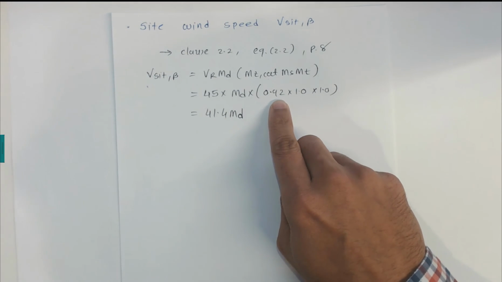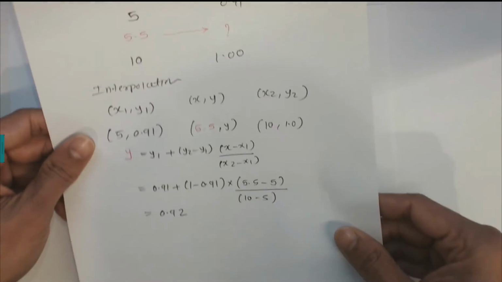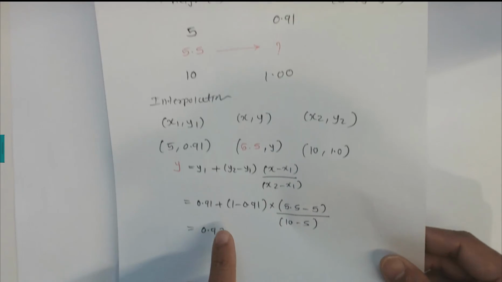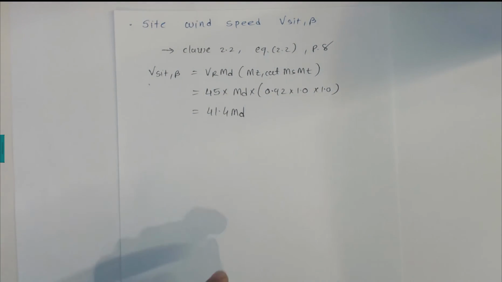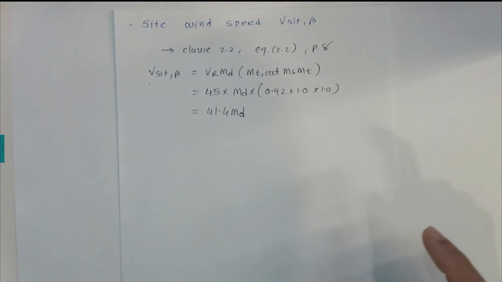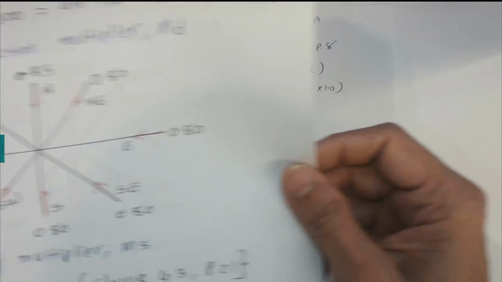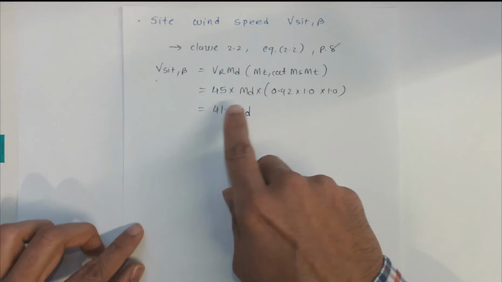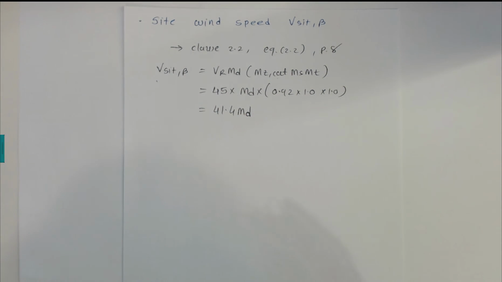MZ 0.92, we found using the interpolation in the previous step. And then MS and MT are 1 and 1 that we found in the previous step. So MS equals 1, MT equals 1, and the multiplication gives 41.4 times MD. In the next step we will solve this example further. Thank you very much.